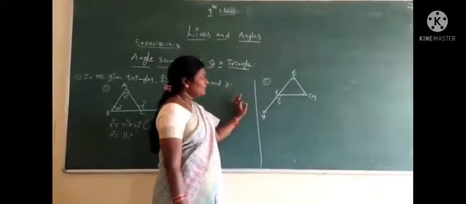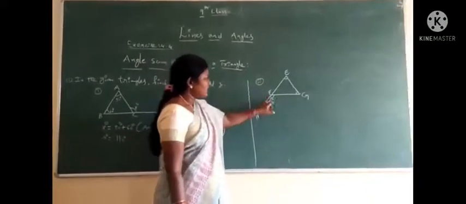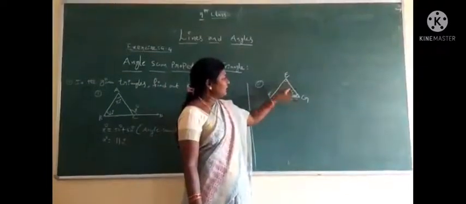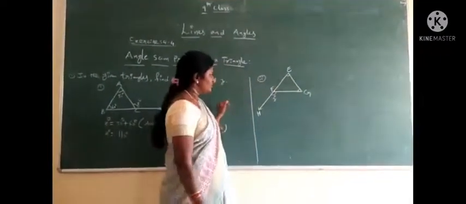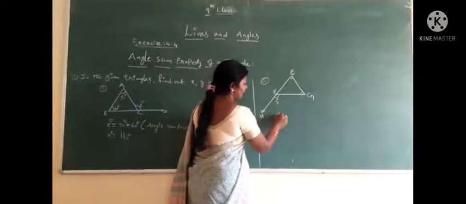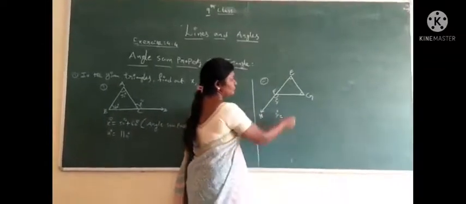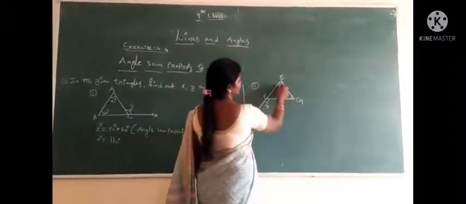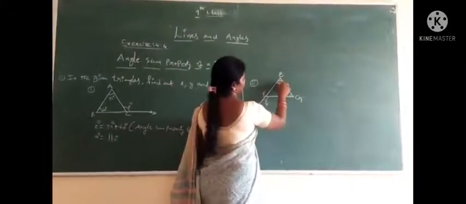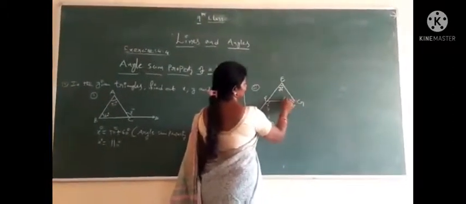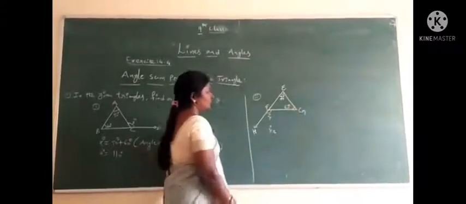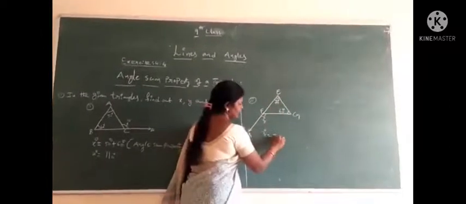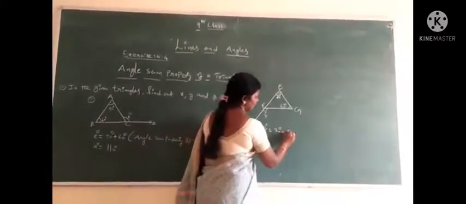In a triangle, an exterior angle is equal to the sum of its interior angles. So the exterior angle is equal to the sum of this 70 degrees and this 60 degrees. So, sum of interior angles, 70 degrees plus 60 degrees.